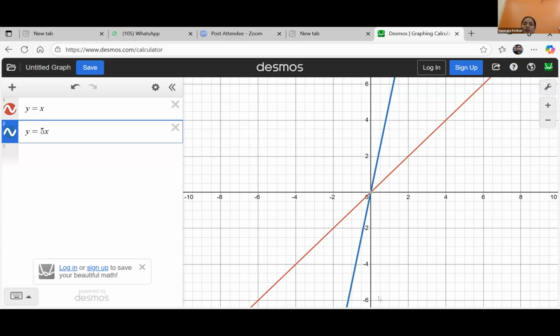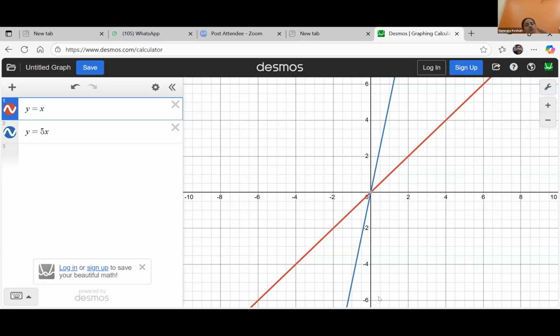Hence the line is steeper, and hence the ride is really more dangerous than the red one. This way we can understand that slope means we are checking how y changes with the x value. If x is changing slowly, y is also changing accordingly, that means the slope is a lower number.